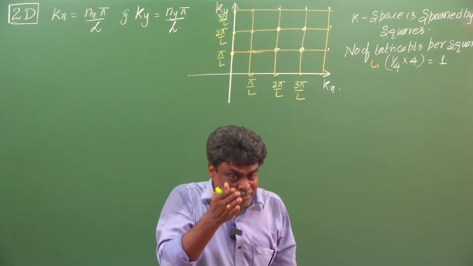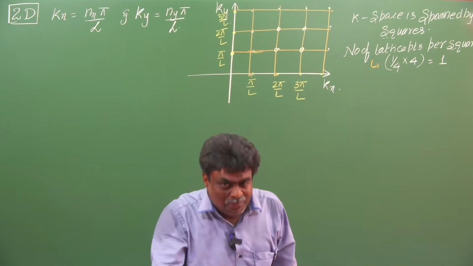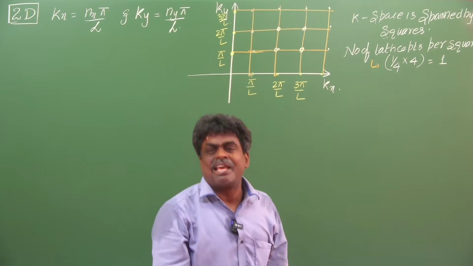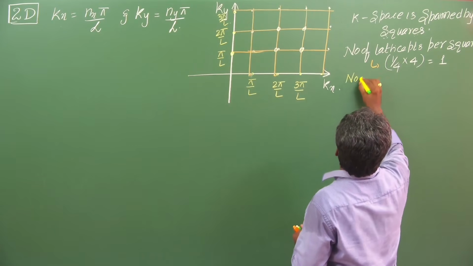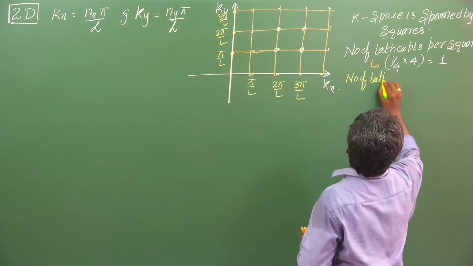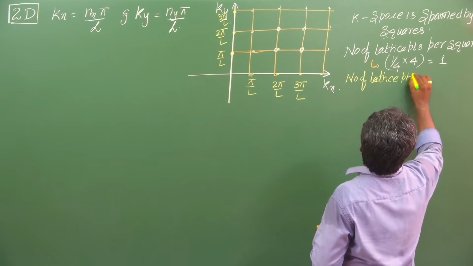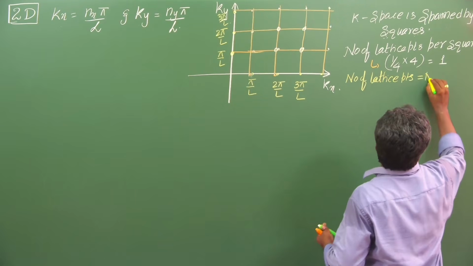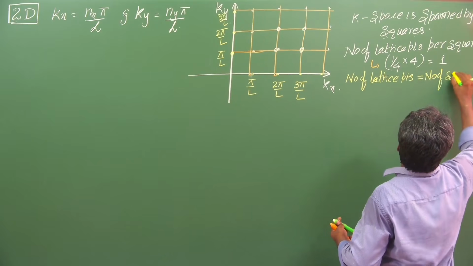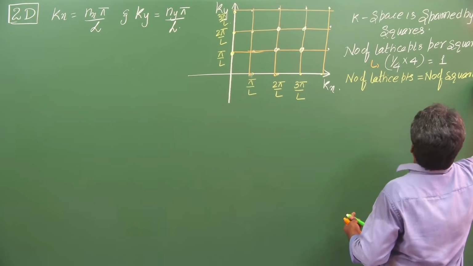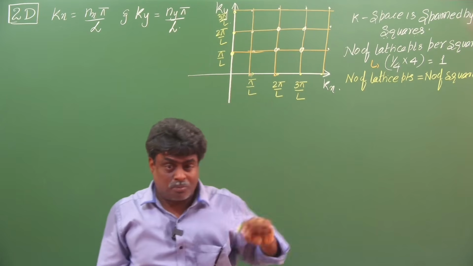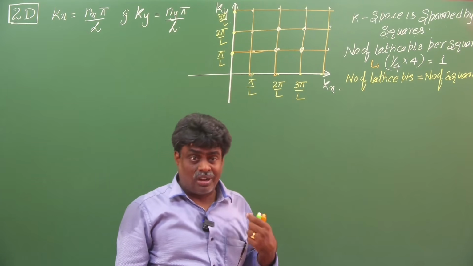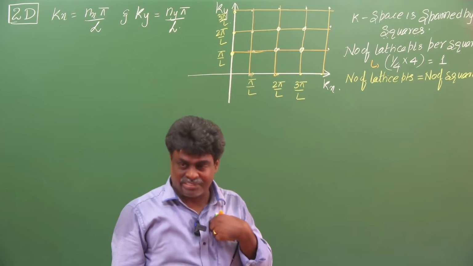Number of lattice points is equal to number of squares. Say yes or no? That's why I can say number of lattice points is equal to number of squares. I can't count the number of lattice points directly, but I can count the number of squares by using geometry.